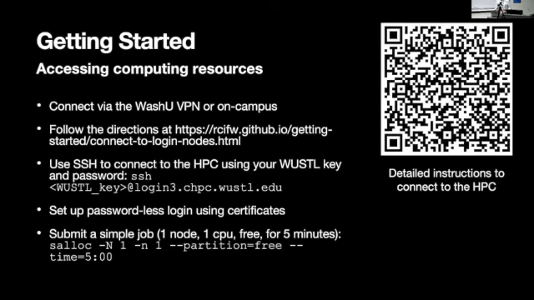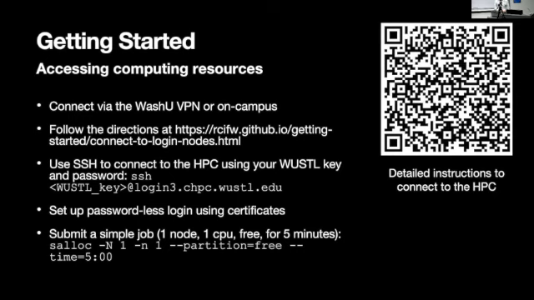If you have a Windows machine, you can download an SSH client. They're relatively numerous, and we have some examples online as well if you want to follow online directions. And then you just SSH into your WSDL key name at login3.chpc.wsdl.edu, and that's it. It'll come up with a terminal prompt, and you're on the machine.